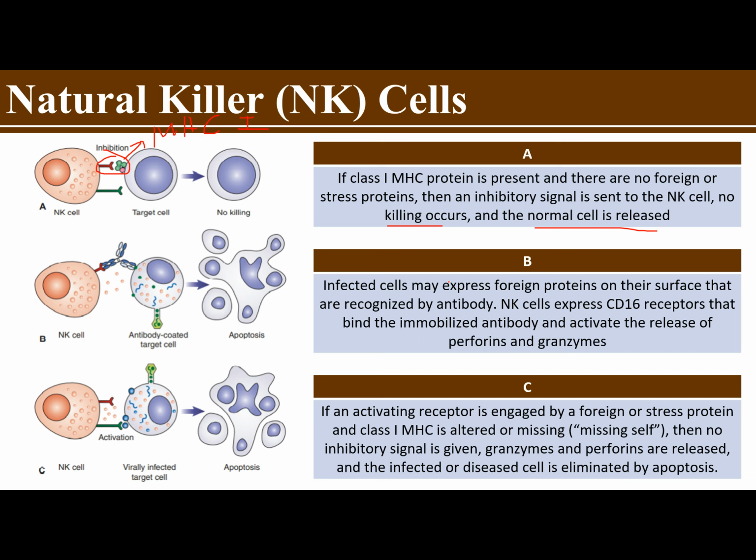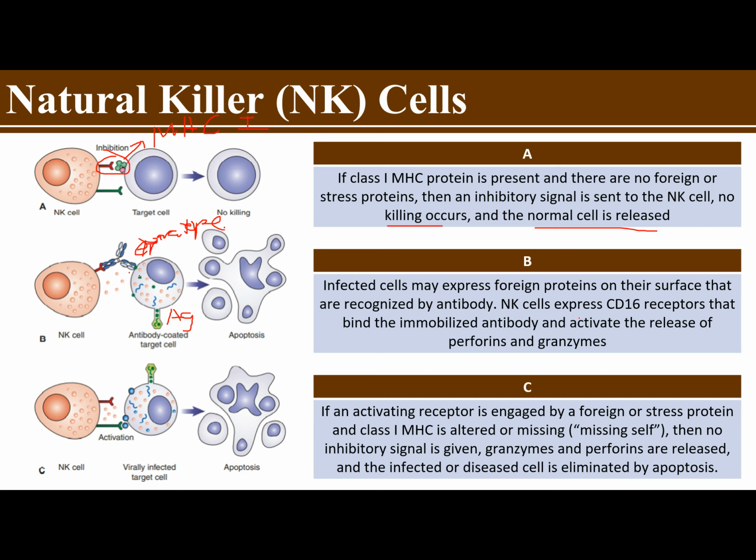And the second one, if infected cells may express foreign proteins on their surface that are recognized by an antibody, let's say here's your antigen class or your tumor cell. Now, your antigen or your tumor cell, when detected by an antibody, the antibody's paratope or Fab site will attach to the antigen's epitope. Itong nakikita niyong green na to.